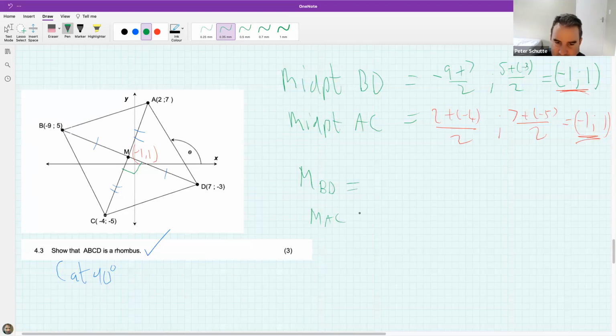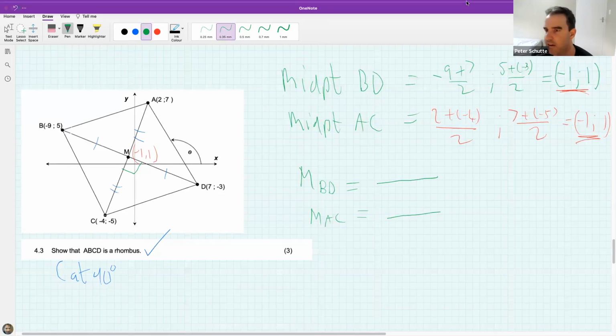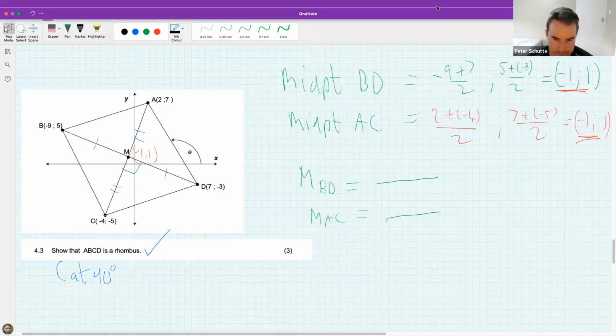Yes, Inga, yes. So you are going to find me the gradient of each of the diagonals. And if you show me that the diagonals are perpendicular, then you have proven it's a rhombus. So I want everyone to find me the gradient of those two lines. And then we're going to call it a day for tonight. Well, once we proved it's a rhombus.